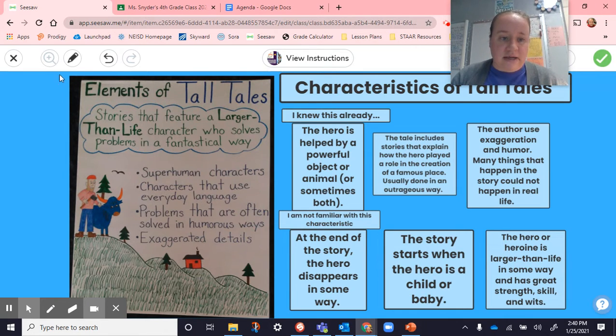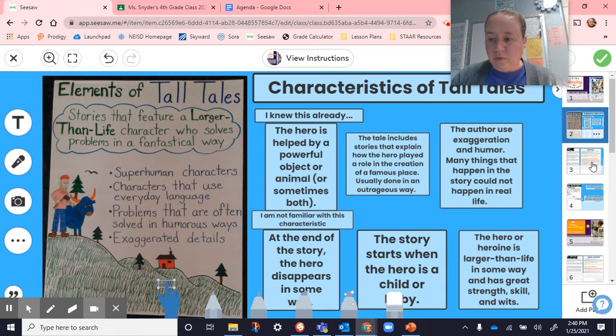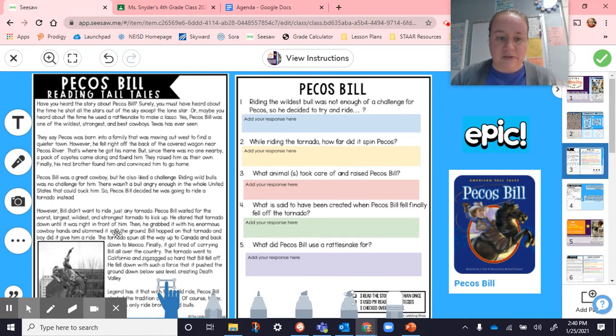All right, so then after that, we started reading about Pecos Bill. We read this story here, and then these comprehension questions go with this reading. So I really want to practice finding that text evidence. If you found your answer for number one in paragraph whatever, you're going to highlight it blue.